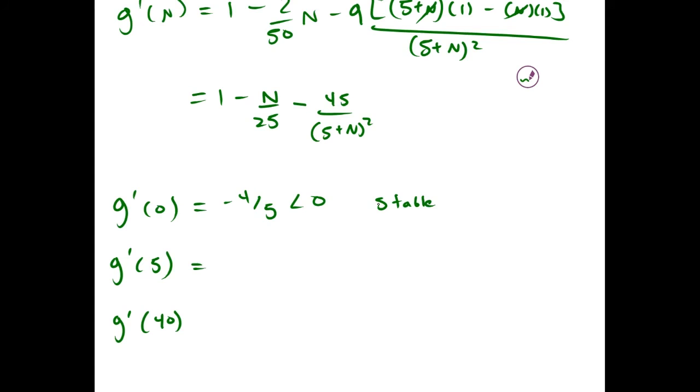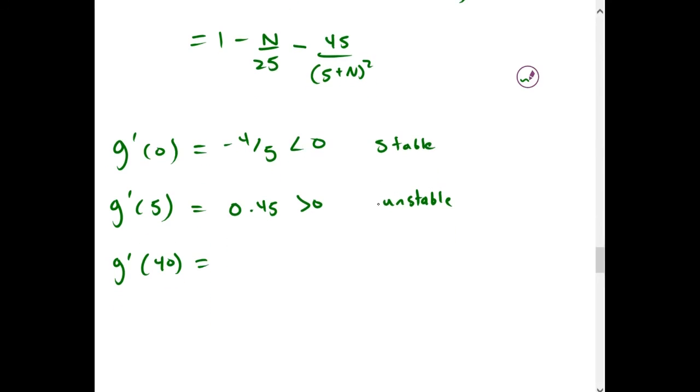When we plug in 5, we get 0.45, which is greater than 0, so this is unstable. And when we plug in 40, we get 1 minus 8/5 minus 1/45, which is less than 0, so this is stable.